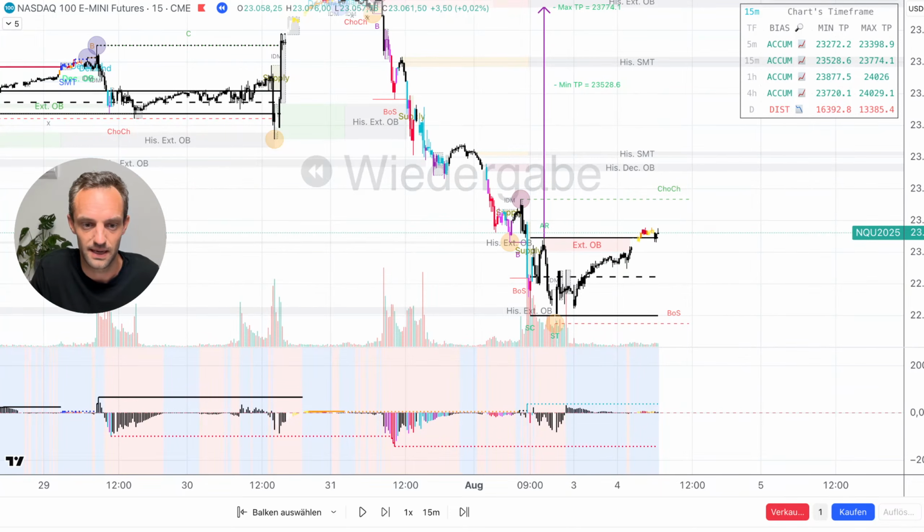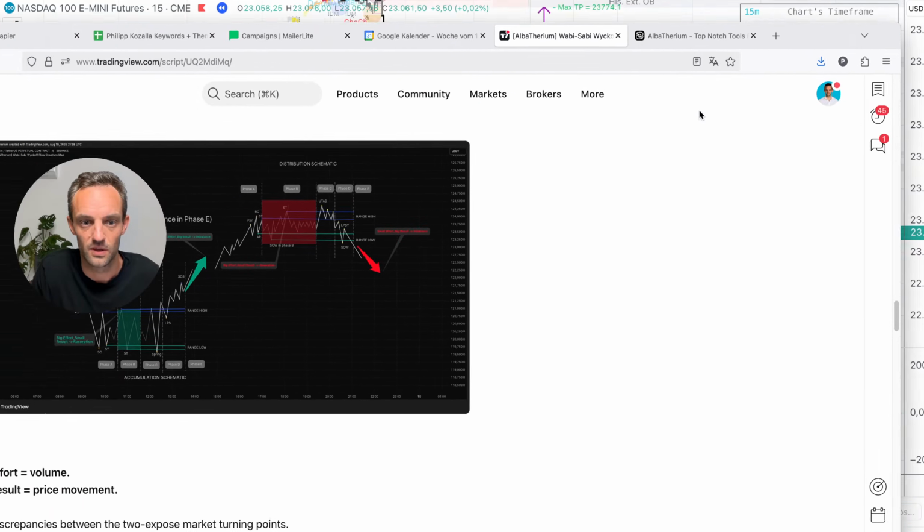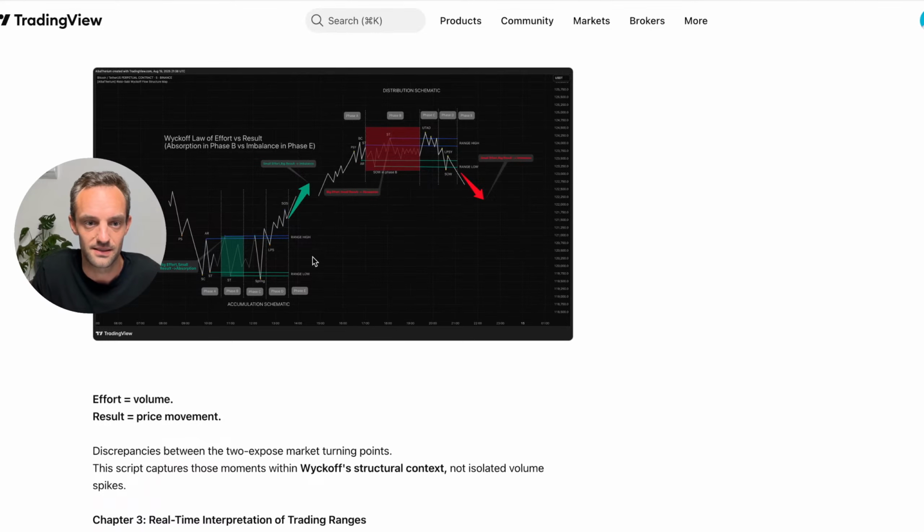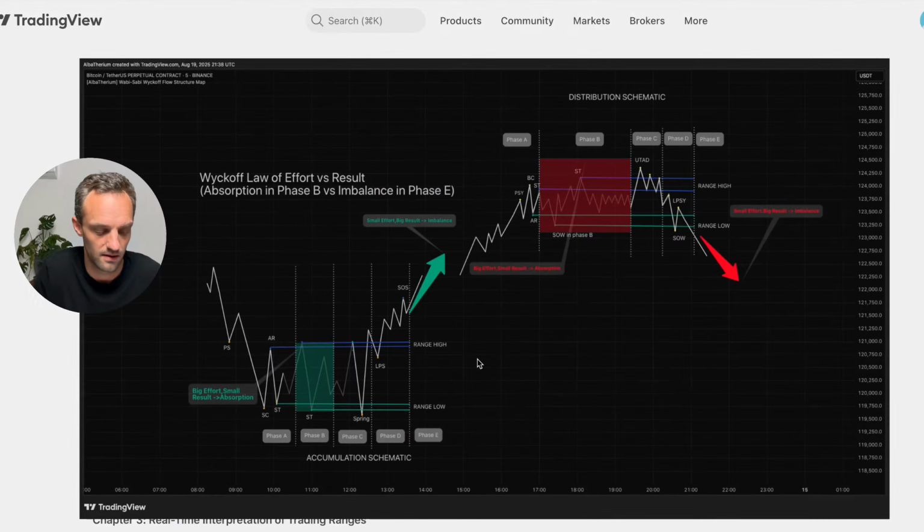This is explained also in the script with the different phases. Different phases, A, B, C, D, and E is the markup range again. But in this case, we just had A phase: secondary test, selling climax, automatic reaction, secondary test, and then immediately this move to the upside.